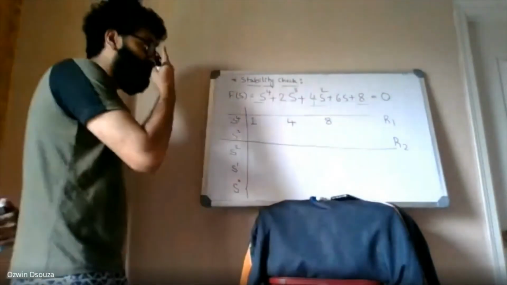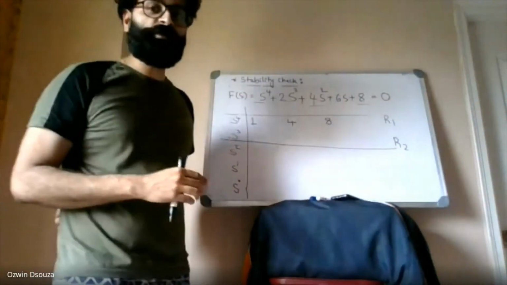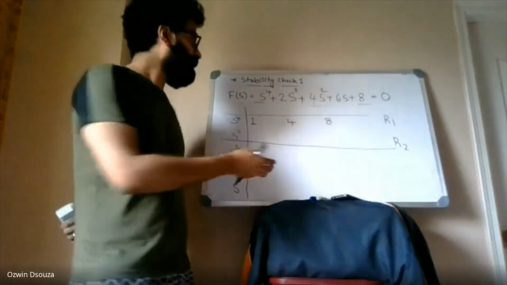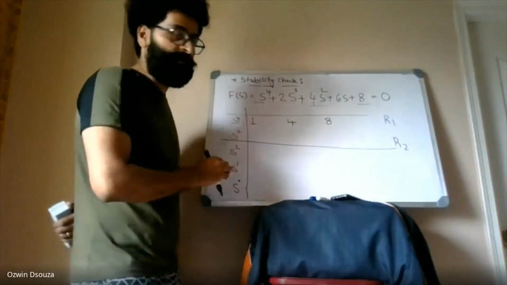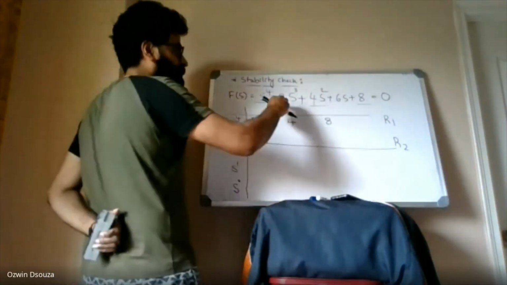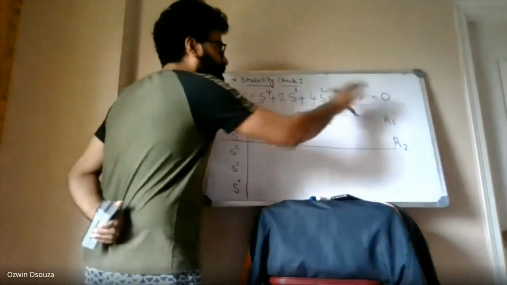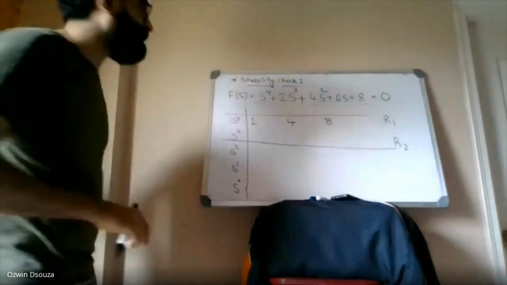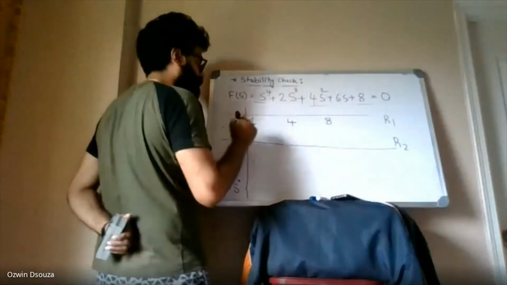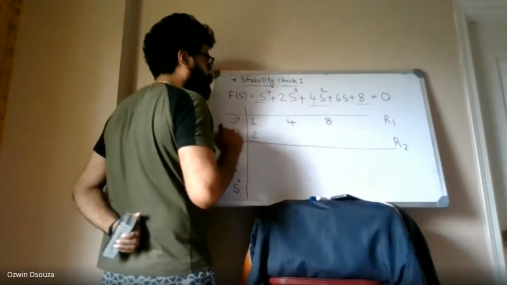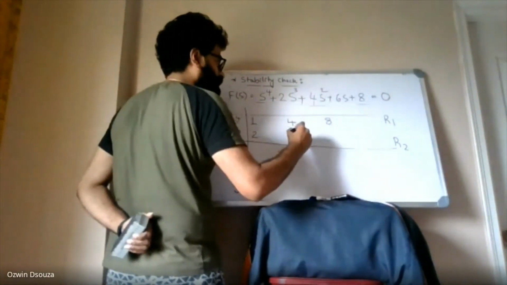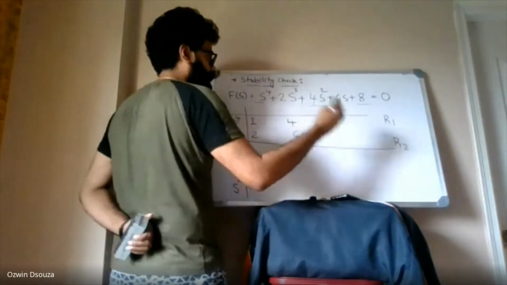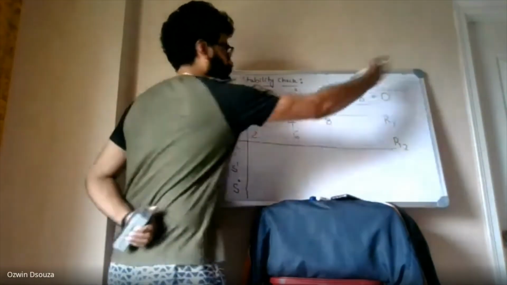And in the second row, what am I supposed to do? I'm supposed to fill the missing coefficients, right? What are those missing coefficients? The coefficients which do not have any underlining. So that is the coefficient of s cube, 2, the coefficient of s to the power 1, 6, and you don't have any other coefficient.